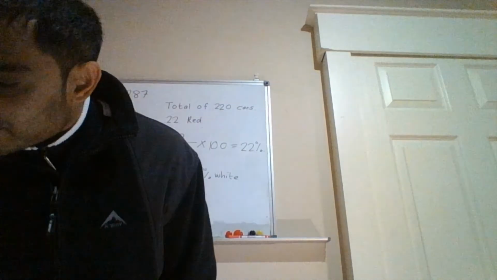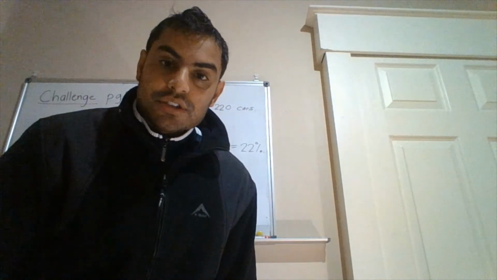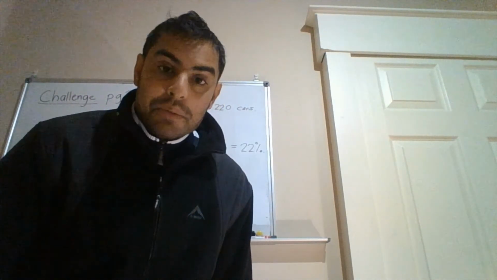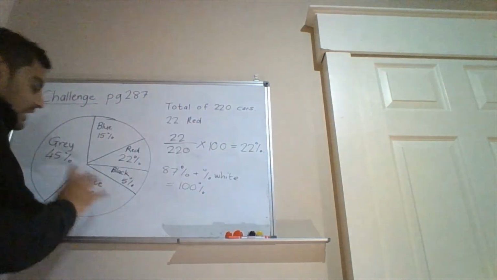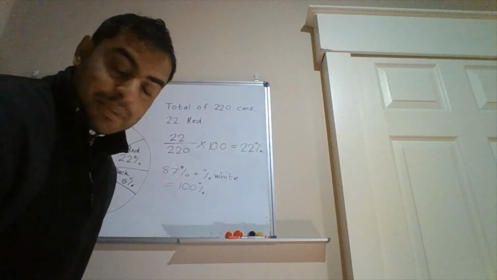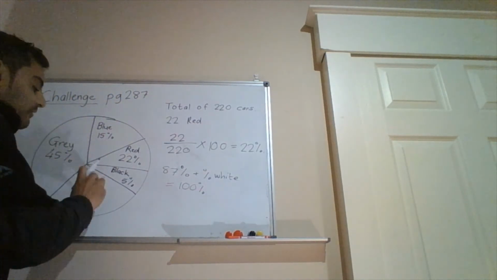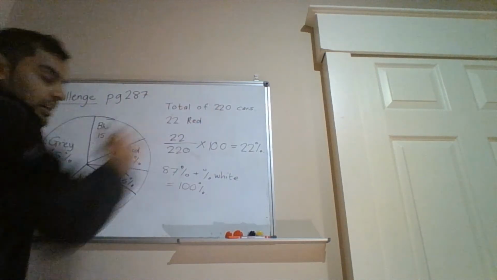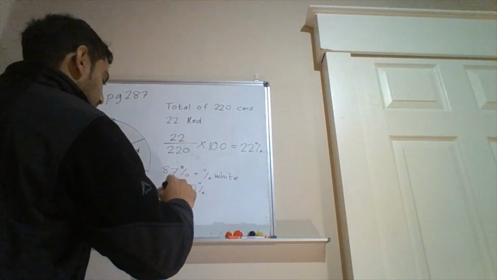Okay, so it also asks us to now find the number of white cars in the collection. We only have the proportion 13%, but we can say that the number of white cars is going to be 13% of the total. So let's work that out.